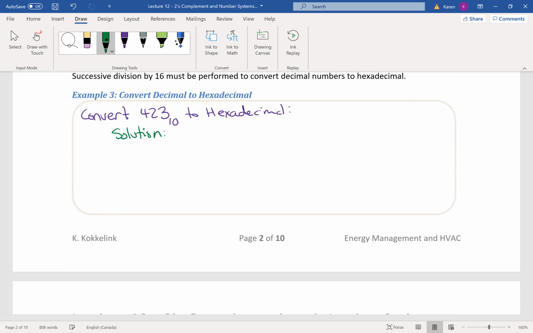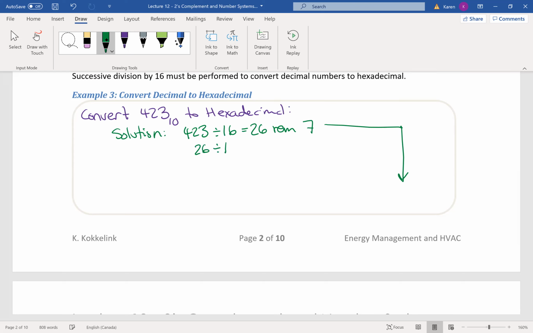We would have to go 423 divided by 16, which gives me 26, remainder 7. Take that 7, that's your least significant digit. There are a few ways of doing this, but I'm just showing you one, and I'm going to be consistent in showing you just one.